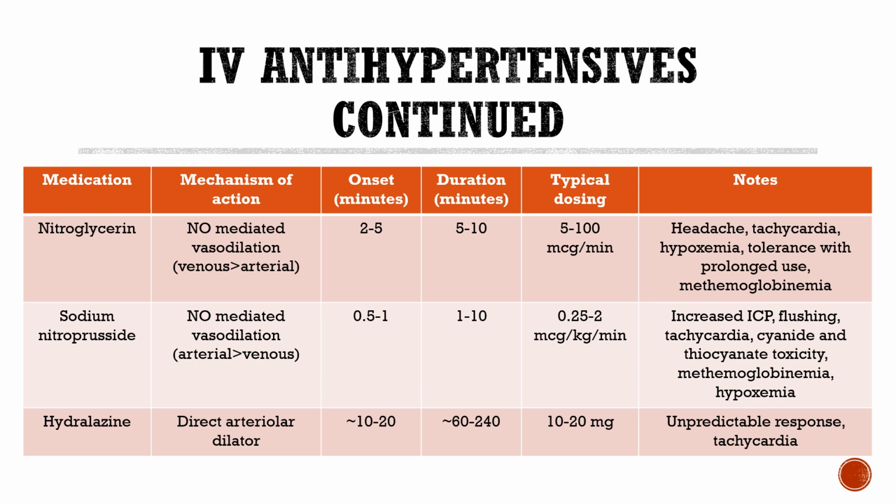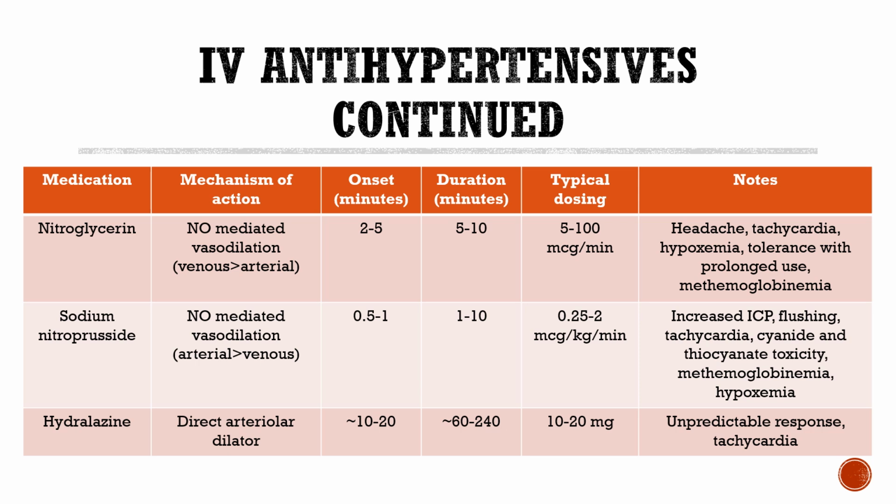We'll keep talking about IV antihypertensives. On this slide, we have three medications: nitroglycerin, sodium nitroprusside, and hydralazine. Nitroglycerin and sodium nitroprusside mediate vasodilation via nitric oxide. Nitroglycerin is a slightly more potent venodilator, and sodium nitroprusside is a more potent arterial dilator compared to nitroglycerin.